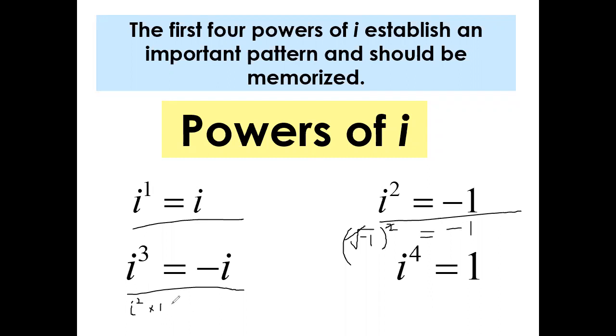If i squared is -1, then times i will just give us -i. So that can be easily proved. Now let's move on to the next stage.